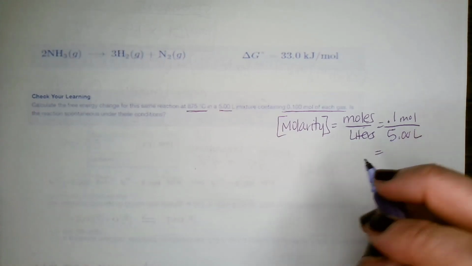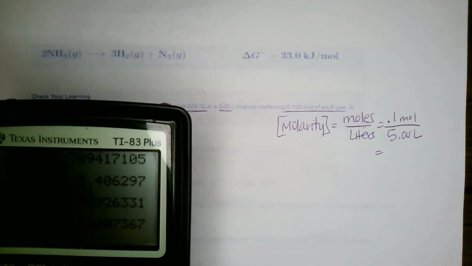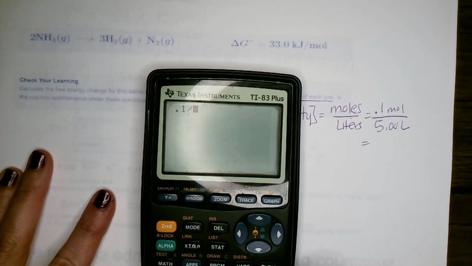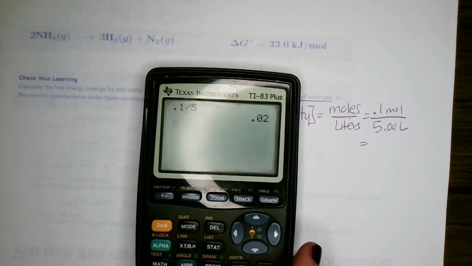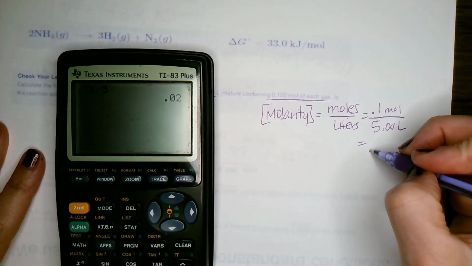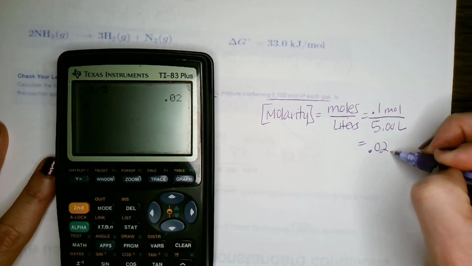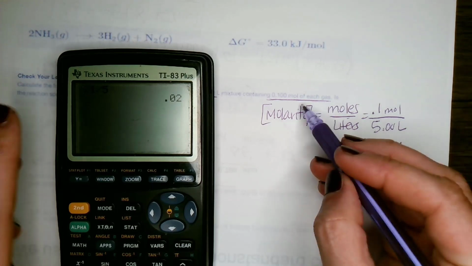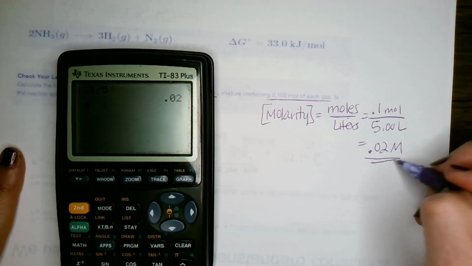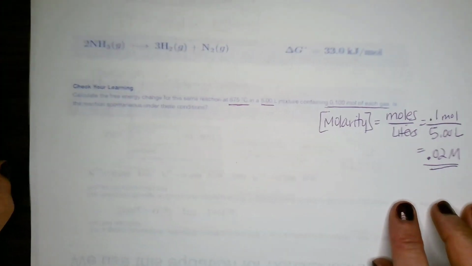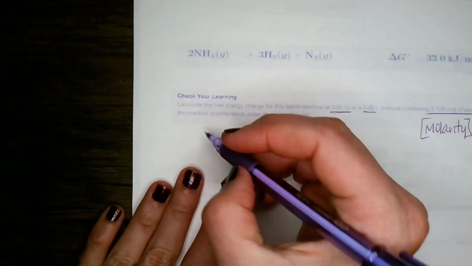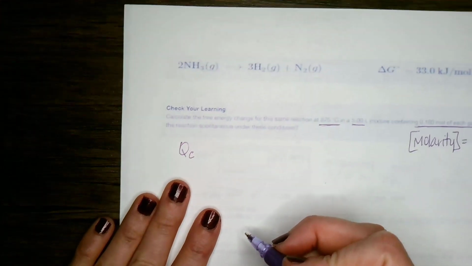So if I do 0.1 divided by 5, I have 0.02 of each. It says of each of my gases.